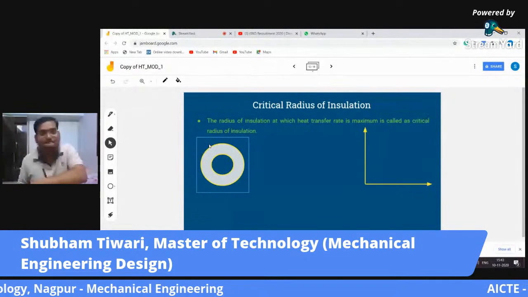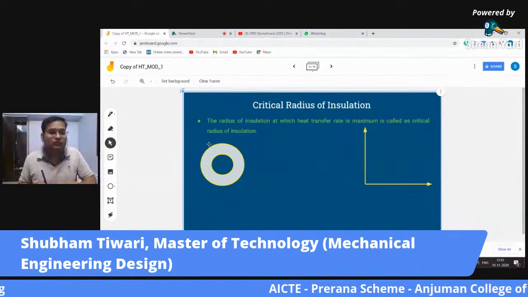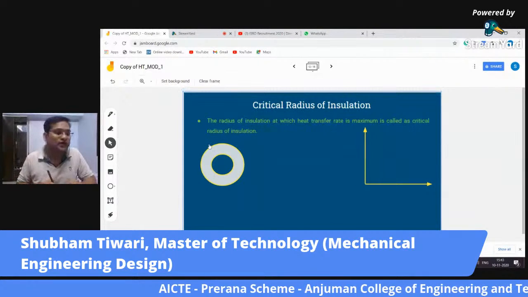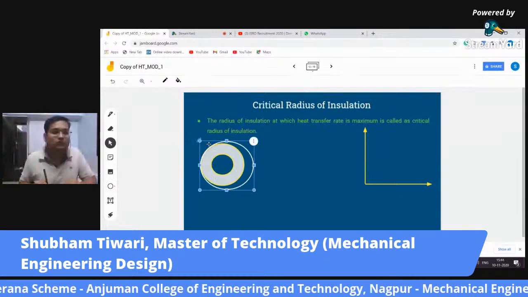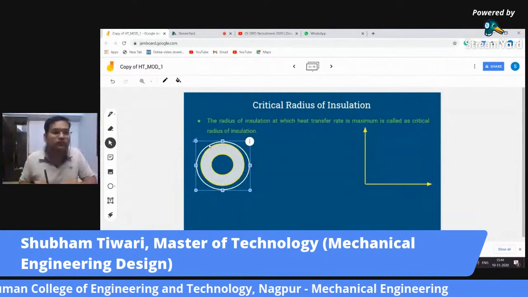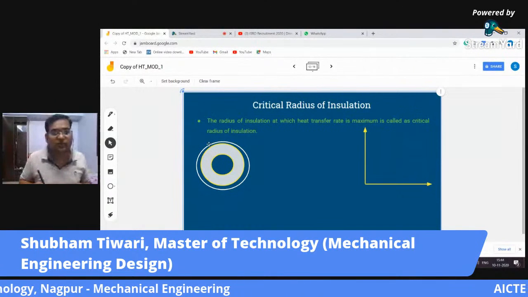Our circle is gone. Wait a minute. Yes. So this is the layer of insulation we have provided.